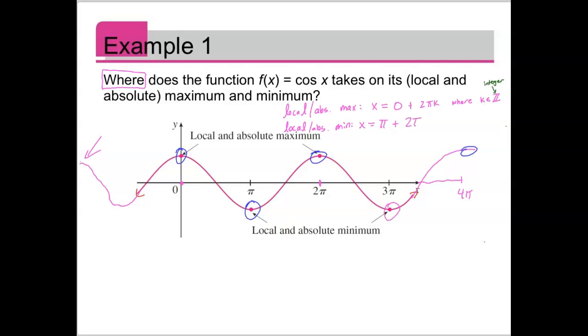So pi plus 2 pi k, again, where k has to be an integer. All right, example 1 down.